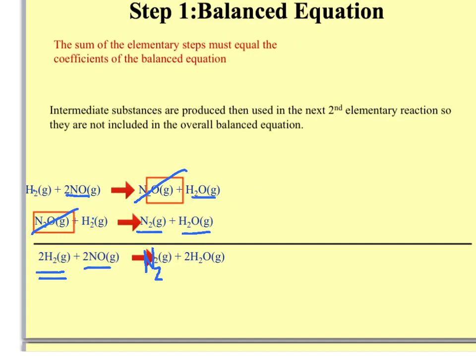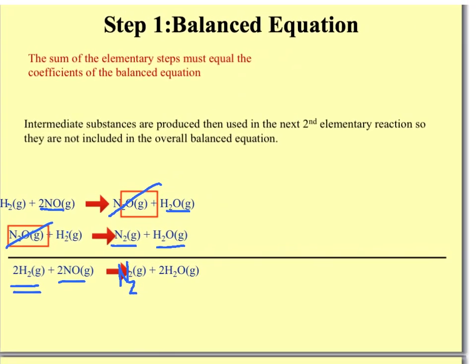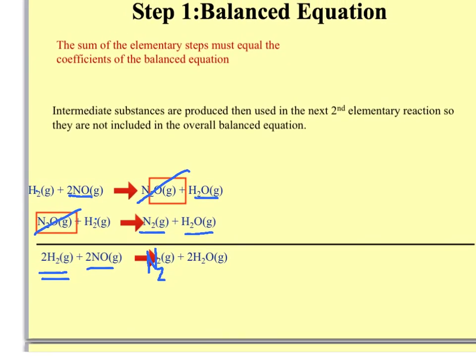Okay, so the first thing we want to do is to determine if the sum of the elementary steps equals the coefficients of the balanced equation that was given to us. So I'm going to cancel out my intermediate substances, and that would be my N2O right here.